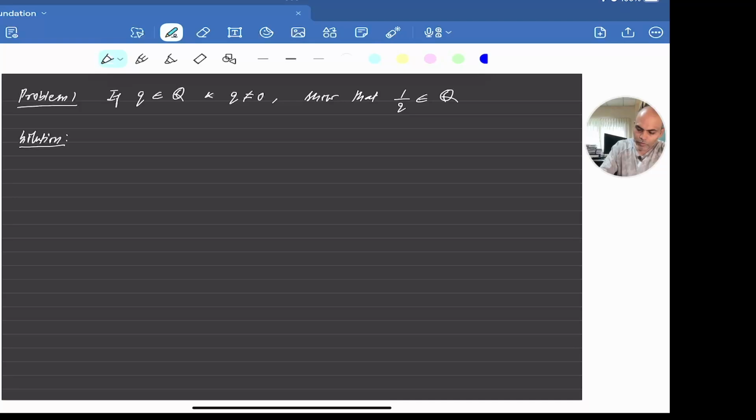So q is a rational number, so we write it as usual as k over n, where k is an integer and the denominator n is a natural number. And so q is in the z over n form.